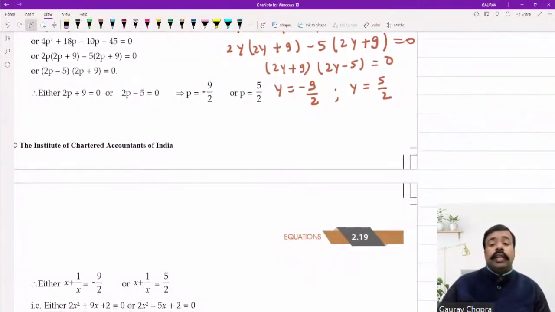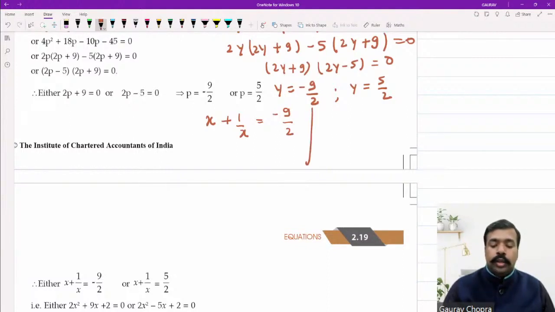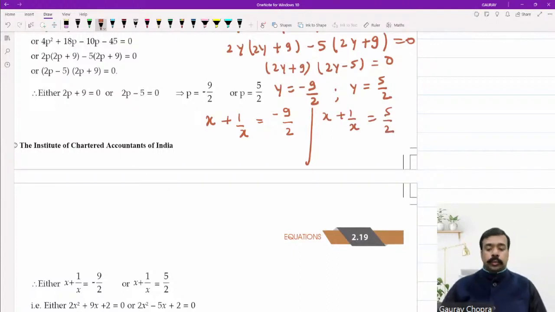So now we can substitute the value of y. So x plus 1 by x is equal to minus 9 by 2, or we can say that x plus 1 by x is equal to 5 by 2. Now just by taking the LCM, we will take the LCM as x.